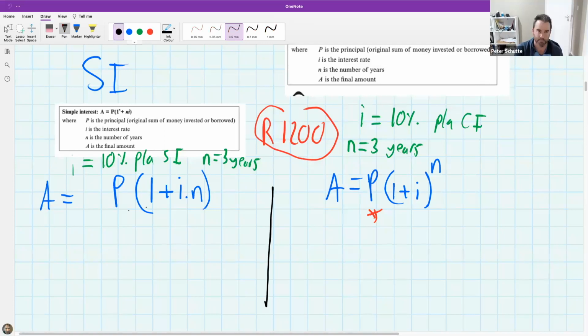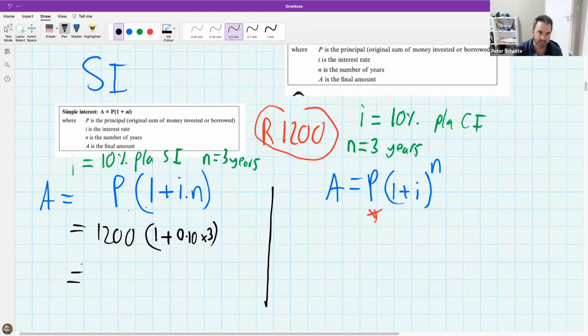Okay, so what I'm going to do here is I replace this with 1,200 because I know it's that. Over here, what is my interest rate? It's 10% per annum. So I'm going to write 0.10, or I can write 10 over 100. And then here, I'm going to write 3 because of the 3 years.